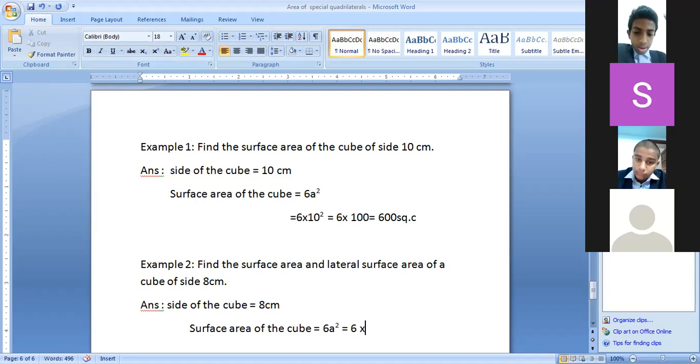Instead of a square, what should we write? 8 square. Since a is equal to 8, we should write 8 square. Clear? So 6 into 8 square, 6 into 64.